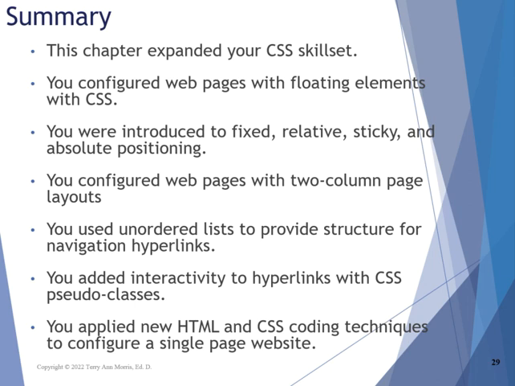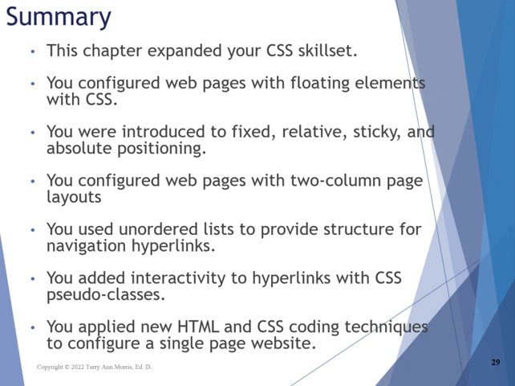You configured web pages with 2-column page layouts. You used unordered lists to provide structure for navigation hyperlinks. You added interactivity to hyperlinks with CSS pseudo-classes, and you applied new HTML and CSS coding techniques to configure a single-page website. In Summary Chapter 7, we examine the following.